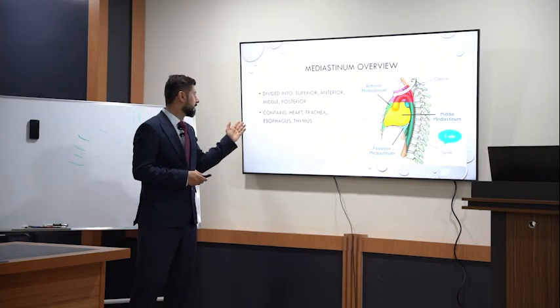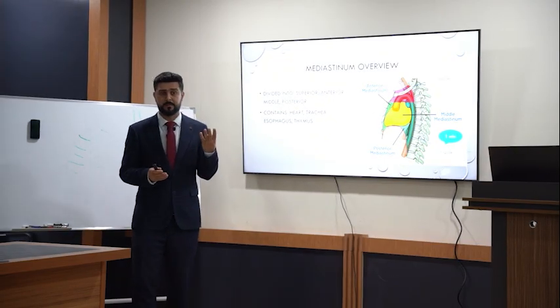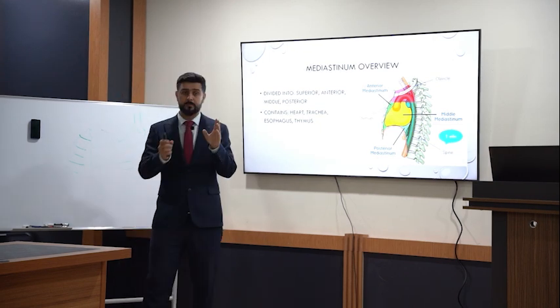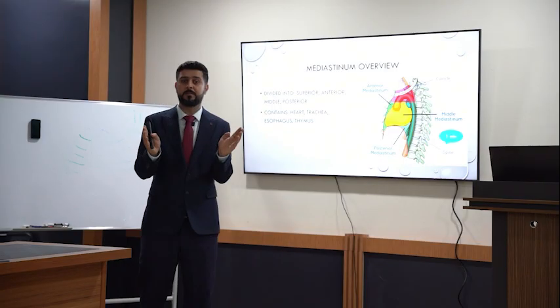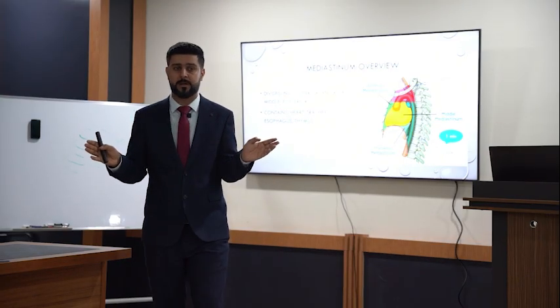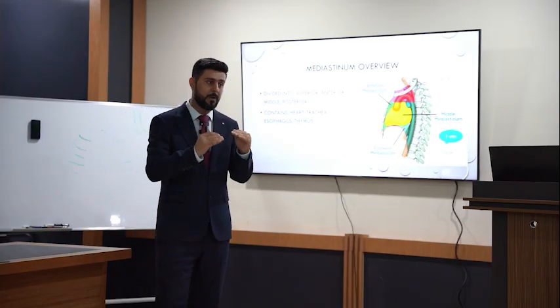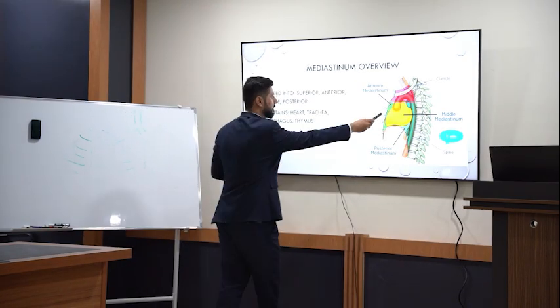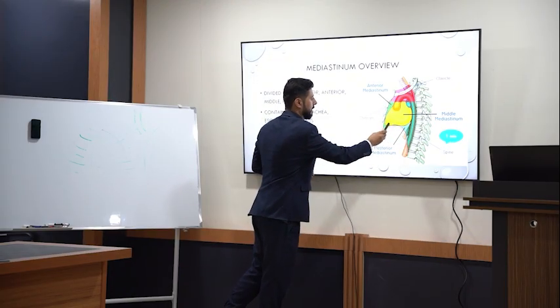Okay, mediastinum. The mediastinum is a small area, but it is divided into 4 parts. Upper mediastinum, and we go down. This is the upper mediastinum, and this is the down.